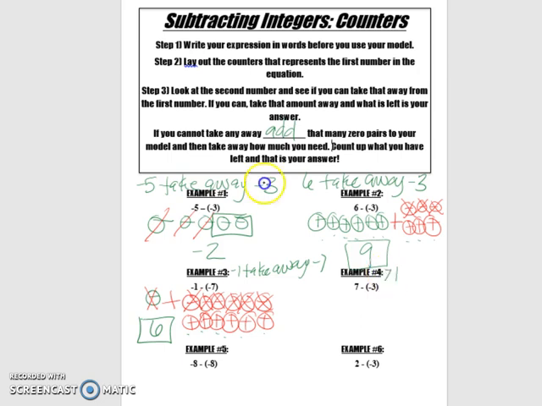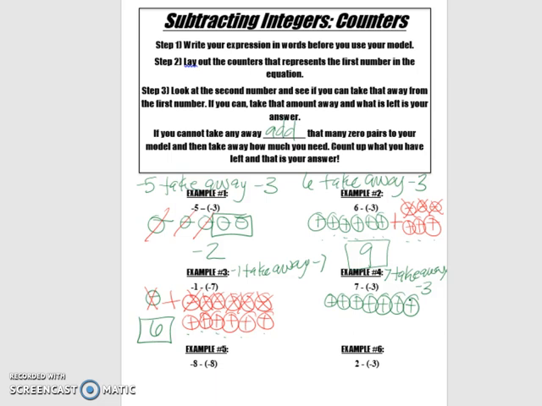So we have 7 take away -3. So let's draw our 7 positives. All right, so there's our 7 positives, and we need to take away -3.